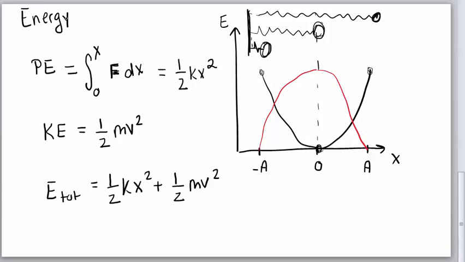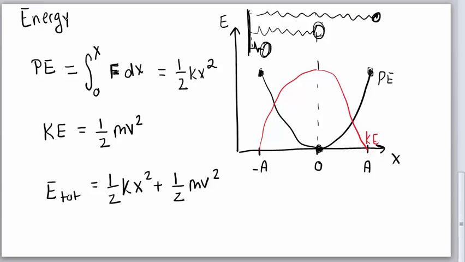So this is our kinetic energy plot, and the black line is our potential energy. Again, you can see the potential energy is highest when the spring is most compressed, and the potential energy is lowest at the 0 neutral location. The kinetic energy is sort of the opposite of that.